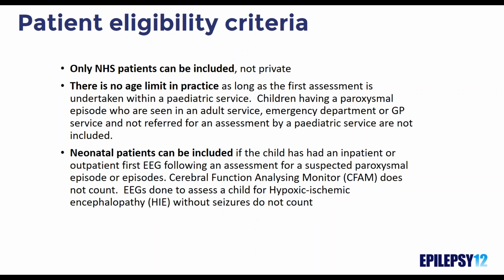The other change compared to previous rounds is that the audit can accept patients who we might think of as neonatal patients. Again, the same criteria apply. They need to be seen by a paediatrician, and they need to have had a paroxysmal episode or episodes, and then an EEG will need to be undertaken.